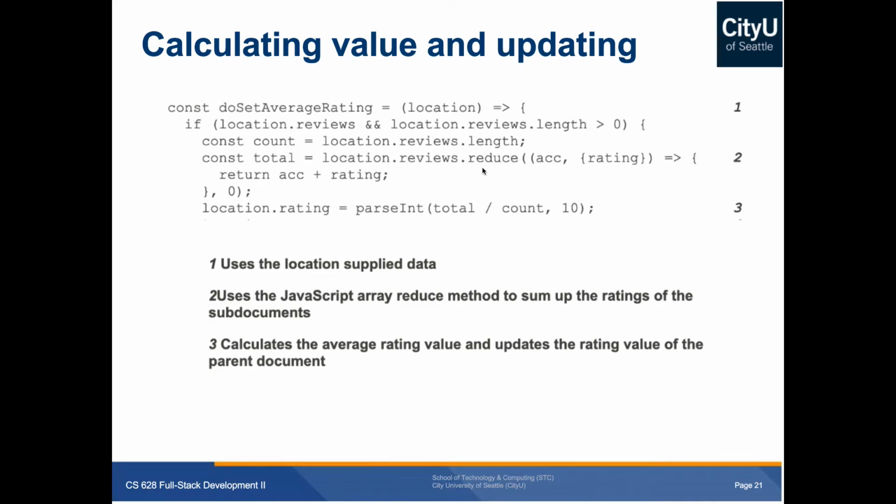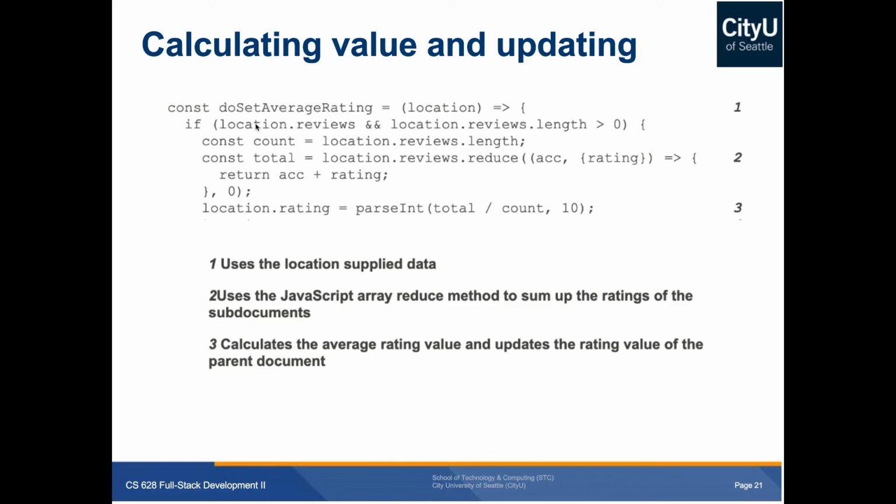For example, if I have two reviews, review rating 5 and review rating 2, the first time it does this, it will be 0 plus 5. Because reduce goes over each element, the next time it iterates, it will be 5 plus 2. Then you'll have the total of 7. Once you have that, you just do this. This is a simple average calculation, where you divide the total by the total number of reviews.